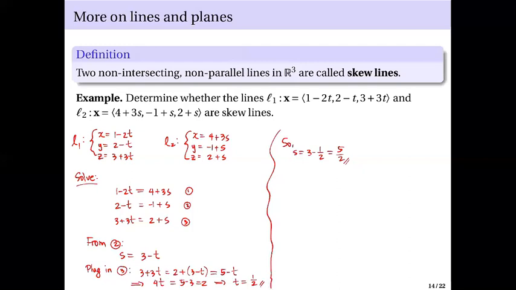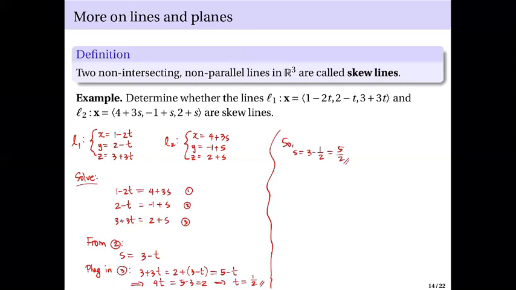What we're going to do is to verify that this s and t will solve this system. Now, we already used equations 2 and 3. So let's use equation 1 to verify whether s and t will solve it. Okay? So let's see if it will solve it.